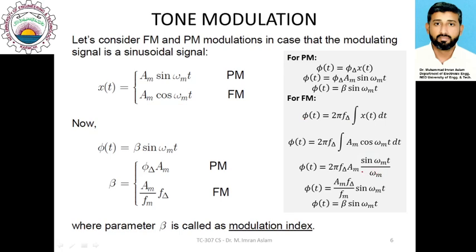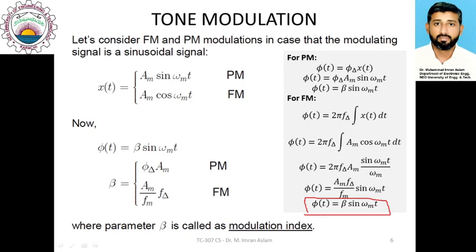If I substitute 2 pi fm, this 2 pi would cancel and we would be left with fm only. So this Am f delta upon fm can be written as beta. So for FM, beta is defined as Am f delta upon fm. You can see that in both cases the phi t has become the same.